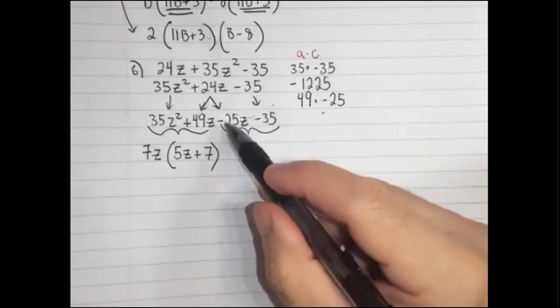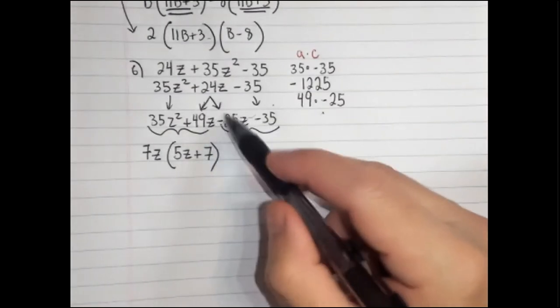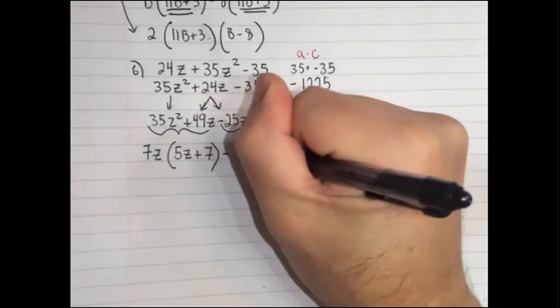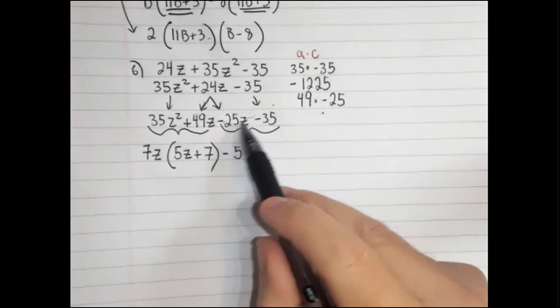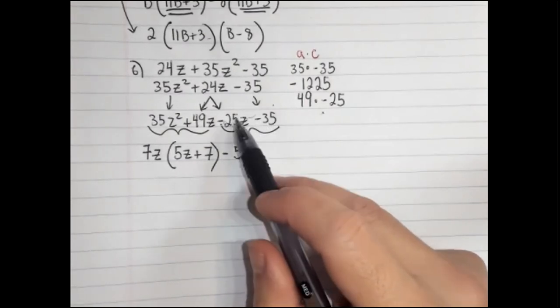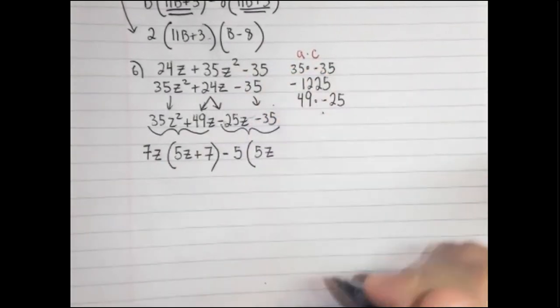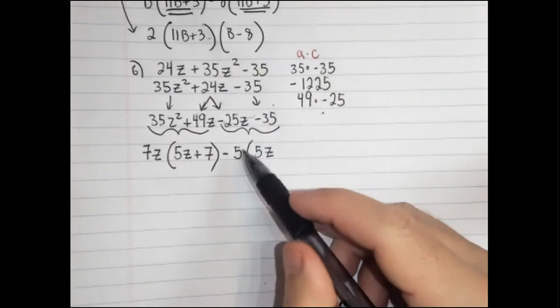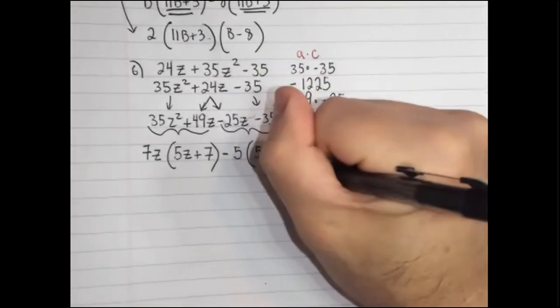We look here, again, the key is this negative here. So I'm factoring out a negative 5. When I factor out a negative, it's going to make both of these positive. So negative 25 divided by negative 5 gives me positive 5z, and negative 35 divided by negative 5 gives me a positive 7.